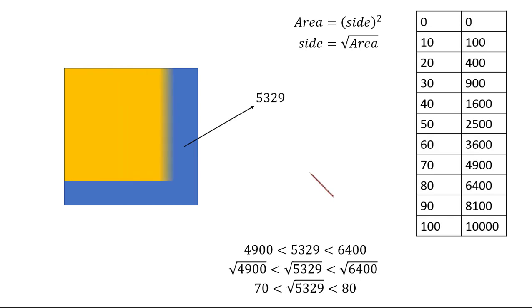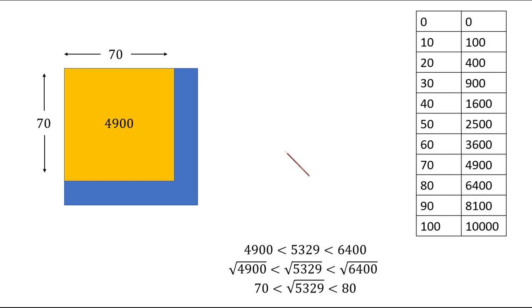So we draw a square whose sides are 70 exactly. So it will fit inside this big square. And we know the area would be 4900.